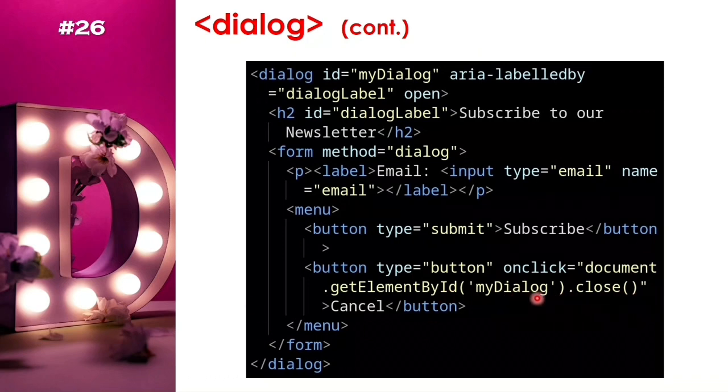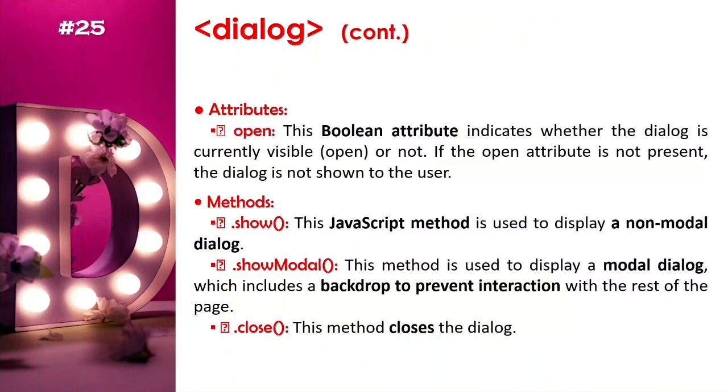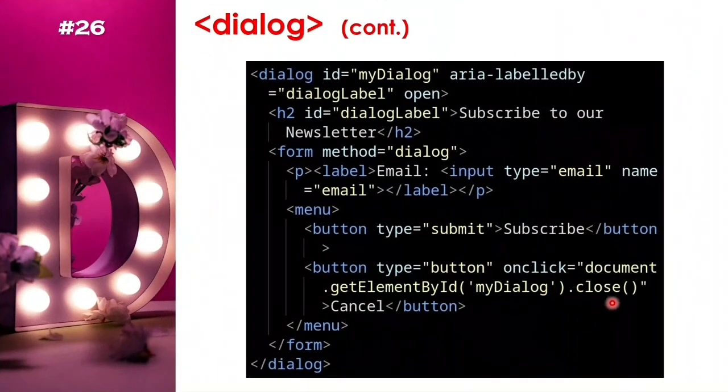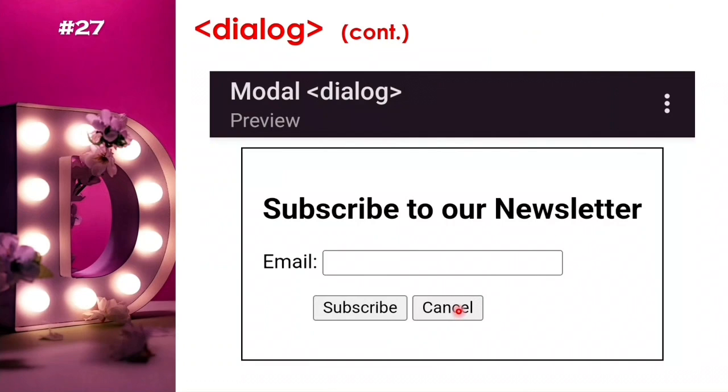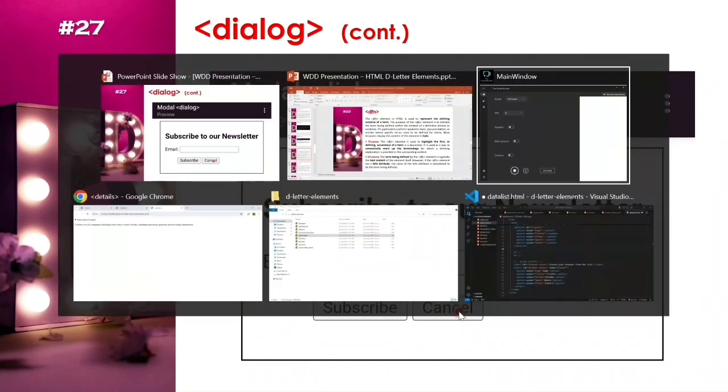That's a method that we talked about right in here, right? Close. It's used to close the dialog. This functionality is put inside this button with the text cancel. And so whenever you hit the cancel button, it's just going to remove it.